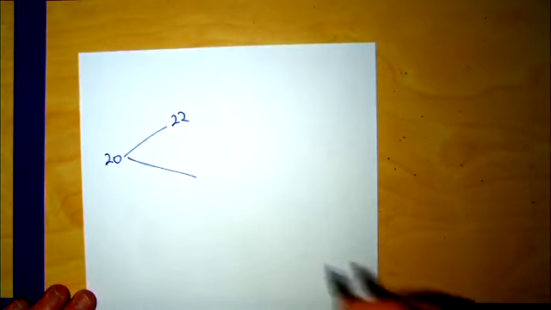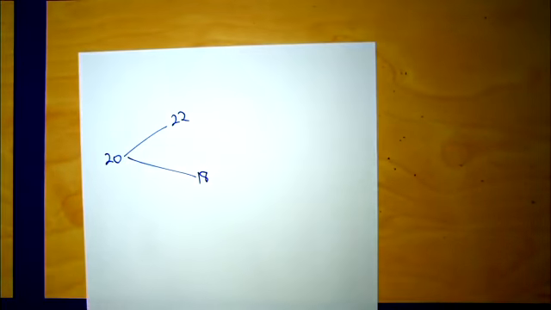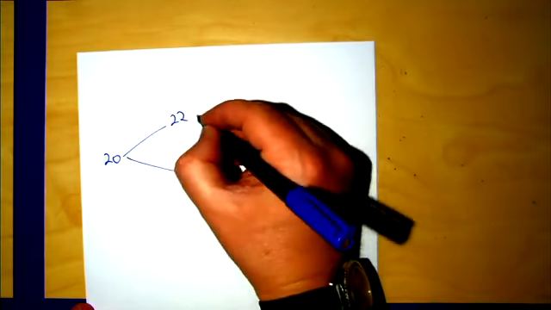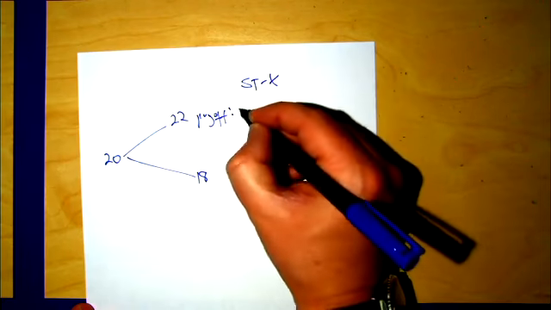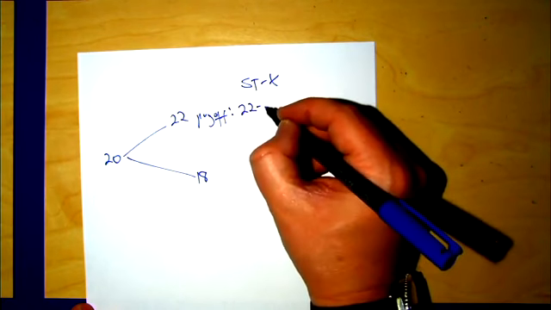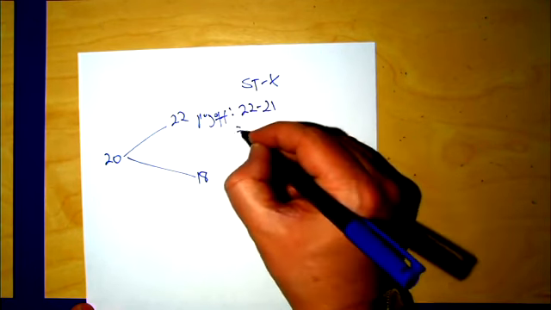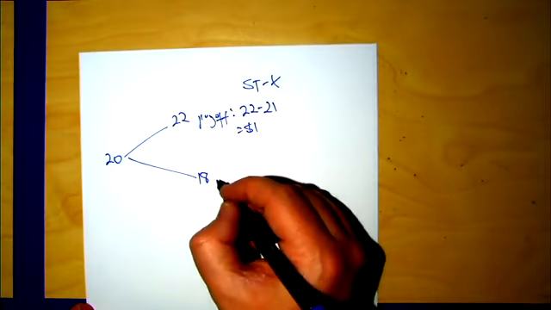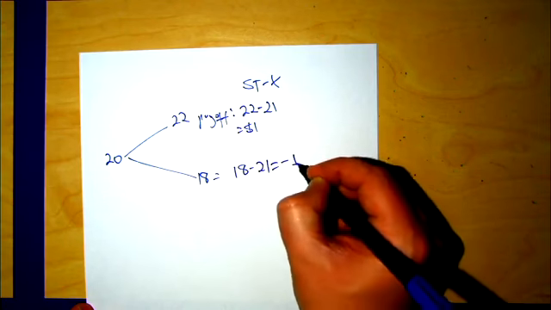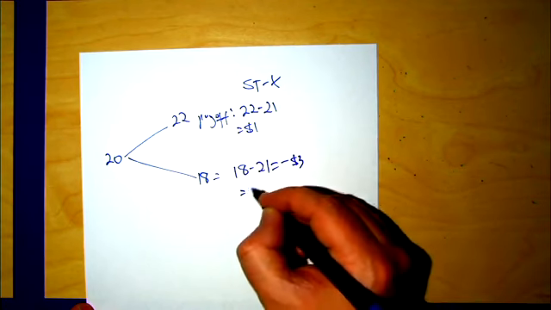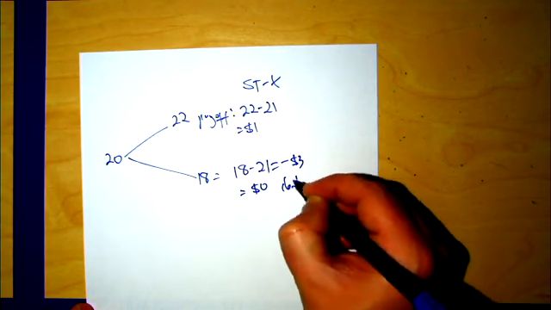It can go up to 22, or it can go down to 18. And my payoff is equal to ST minus X, so 22 minus 21 to give me a $1 payoff. And here, 18 minus 21 to give me negative 3. So my payoff is 0 because I don't exercise.